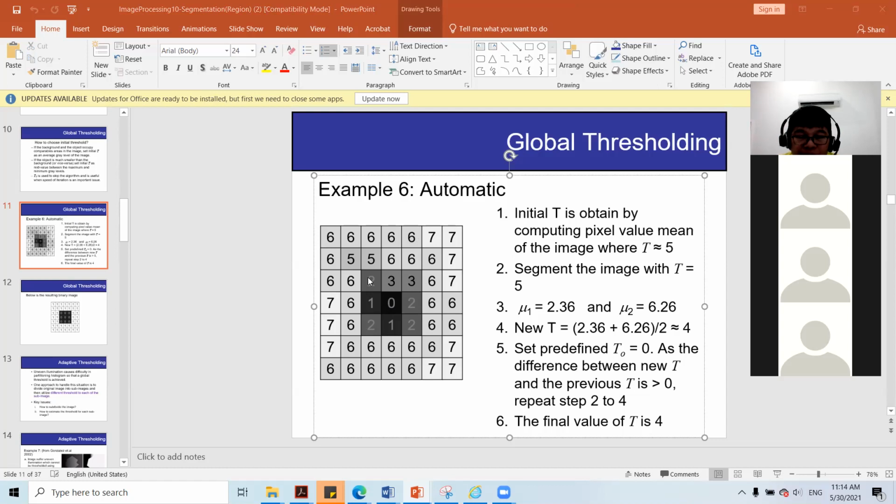Can I draw something here? Like this one, you can see very clearly here is one group, and the rest, let's say this one is group A, this one group B. Then after you have two groups, next step you iterate or repeat.